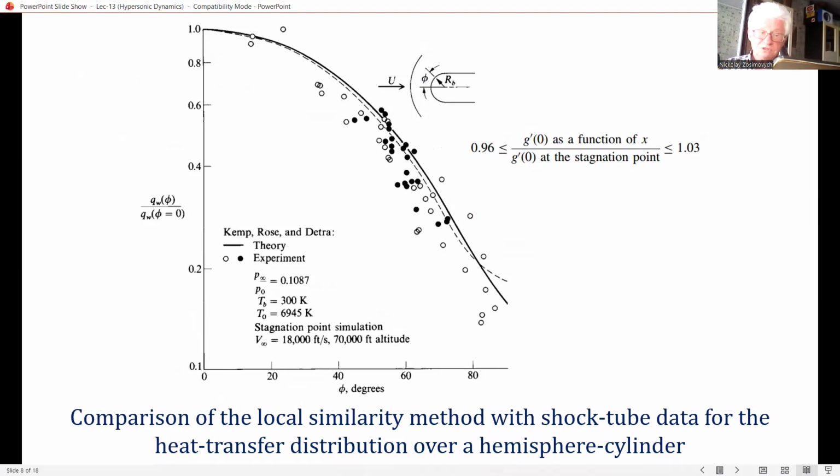And you should note that the local similarity method blocks out any effect of the upstream properties within the boundary layer. The calculation at any given x does not utilize values of the boundary layer profiles upstream of ξ.